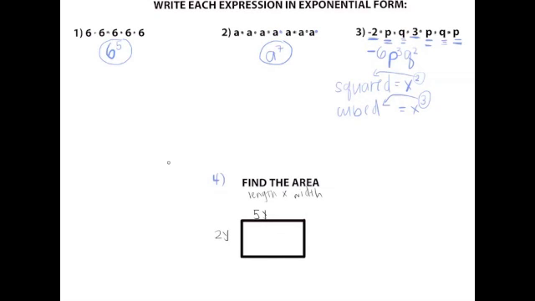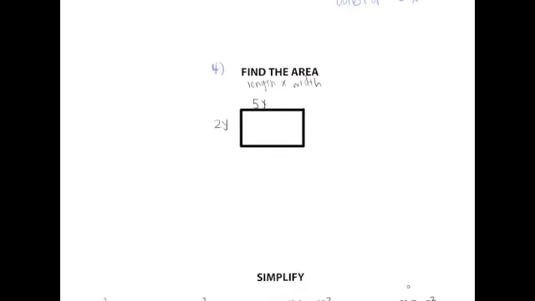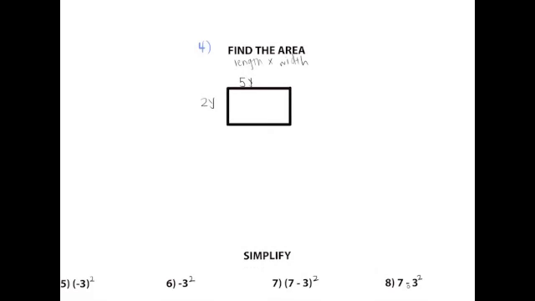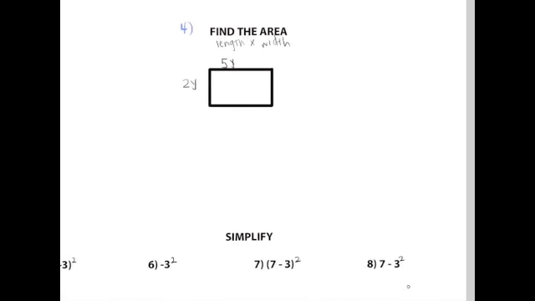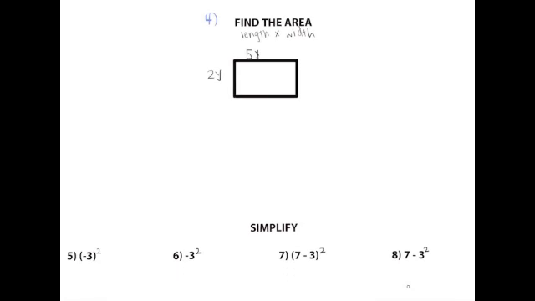Let's look at this, find the area, which is actually going to be our number 4. And remember, we did this a little while ago, where you told me to find the area. You just take the length times the width. And now, since you guys are kind of exponent friendly now, we can do this a little bit better.